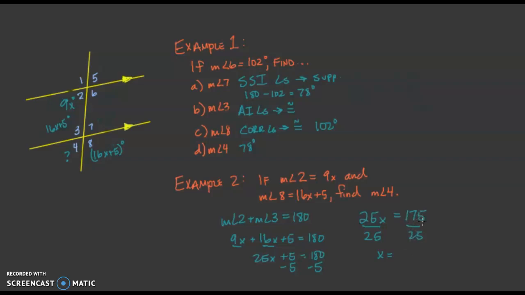There's 3 25s in 75, so that would make 7 25s in 175. x is now equal to 7. So angle 2 would be 9 times 7 degrees, which is 63 degrees. And I know that angles 2 and 4 are going to be congruent because they're corresponding. So the measure of angle 4 is the same as the measure of angle 2. It's 63 degrees.